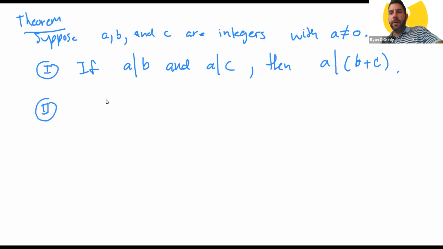So these are basic facts about numbers and dividing. Number 2, if A divides B, then A divides BC.